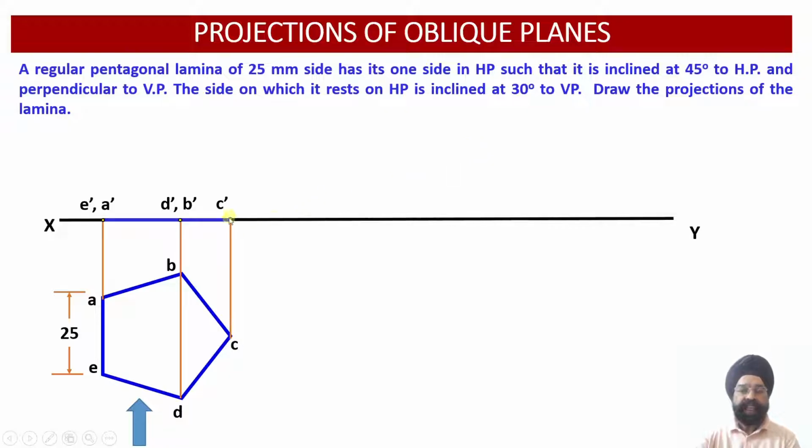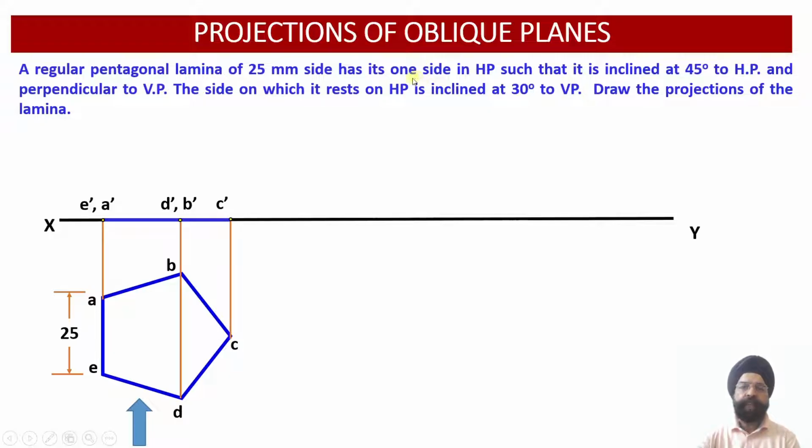Now let us see, if I incline this lamina in this orientation by lifting this corner of the edge view, what am I going to get? Is the lamina resting on the horizontal plane on one of its corners? No, it is resting on the horizontal plane on one of its sides.